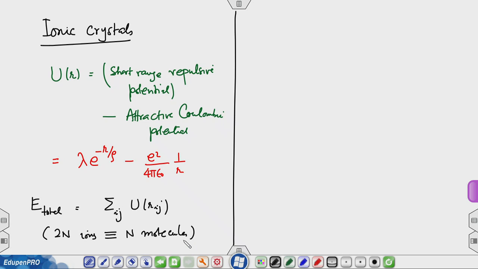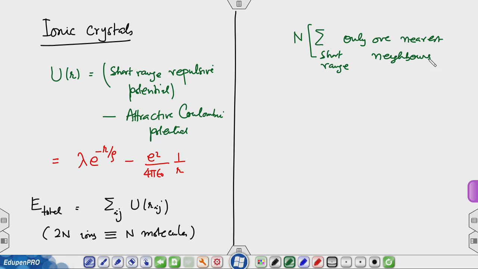I am assuming there are 2 ions in the molecule, and this came out to be n summation the short range part was only over nearest neighbors, and I had asked you why that can be done.